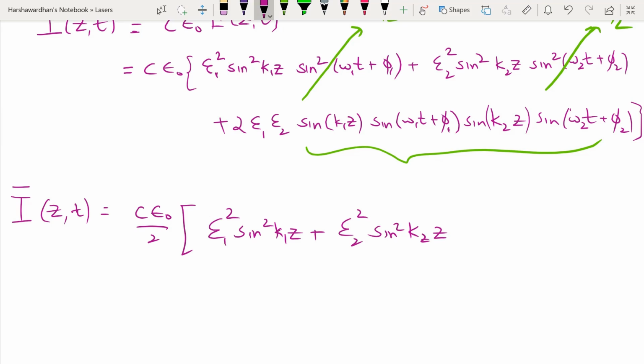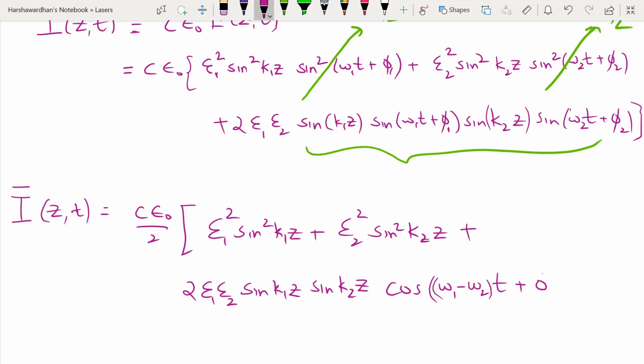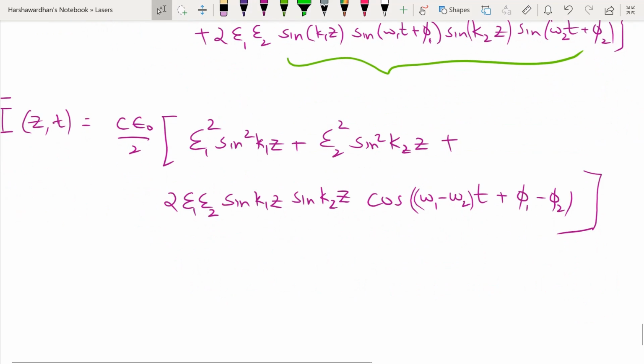These are the two terms, plus there is a cross term which is twice E1 E2 sine k1z sine k2z times cosine of omega 1 minus omega 2 times t plus phi 1 minus phi 2. You see, there is another term which was the sum term, but because we averaged it, that goes to zero. So essentially, you have something like this.